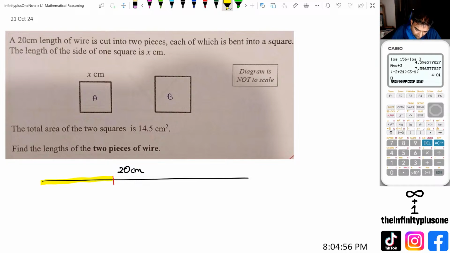So let me take these two pieces here, and I'm going to have a yellow piece and a green piece. Actually, I just realized, should I give you guys some time to work on this? Or should I just go through the answer straight away, and then give you a practice question similar to it?